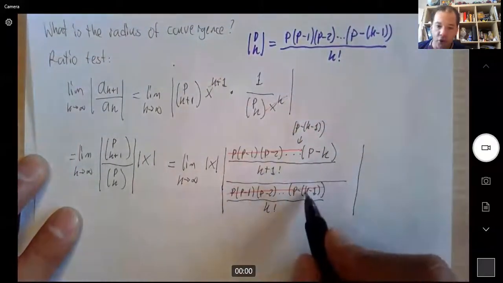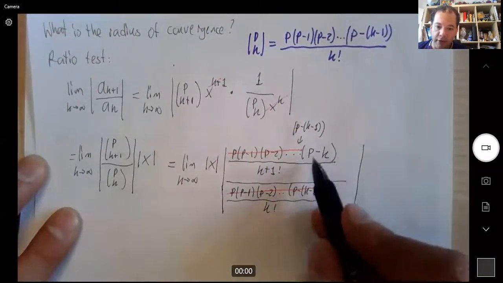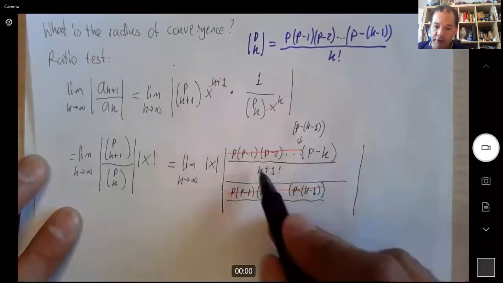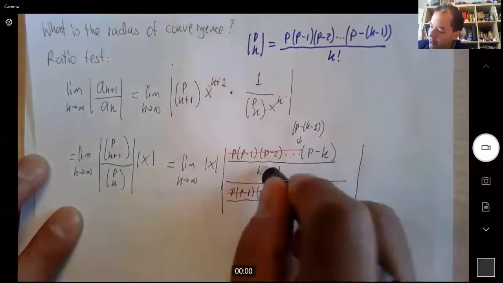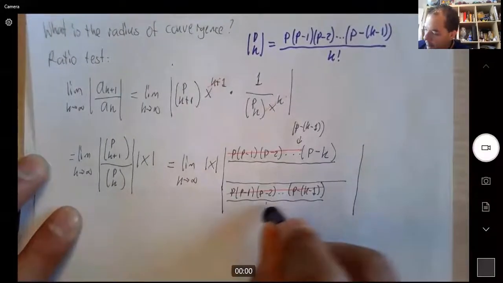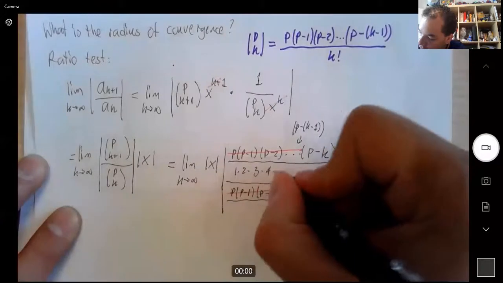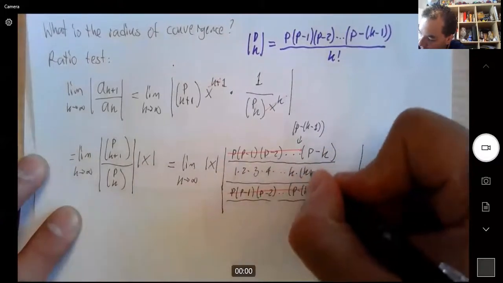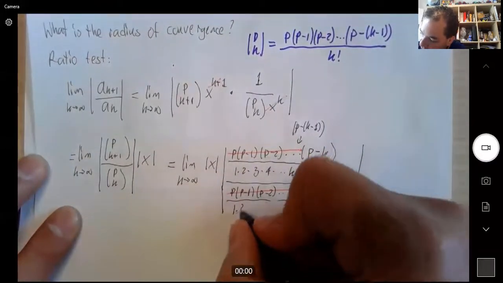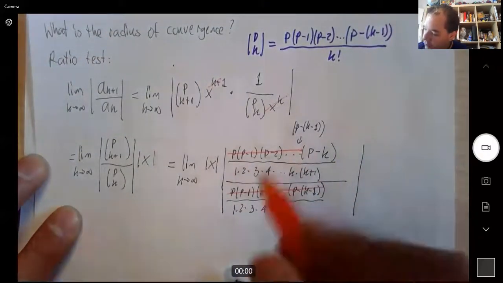So I should cancel that one with this. So only p minus k survives. And I should have done the same with the factorials. In fact, let's do it. What is k+1 factorial? k+1 factorial is 1 times 2 times 3 times 4 all the way to k+1. And k factorial is 1 times 2 times 3 times 4 all the way to k. So these also cancel.